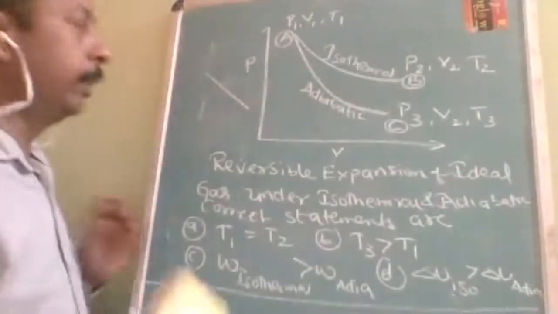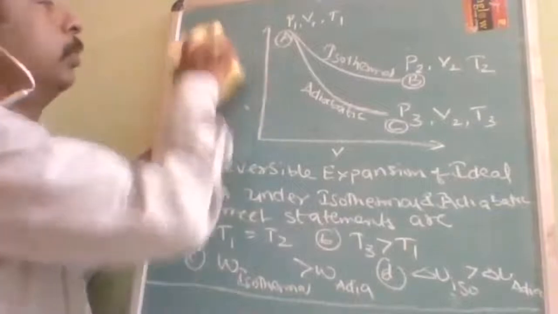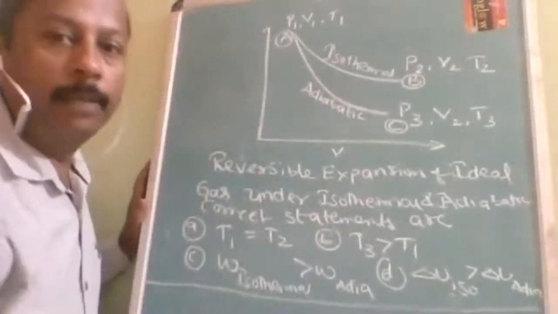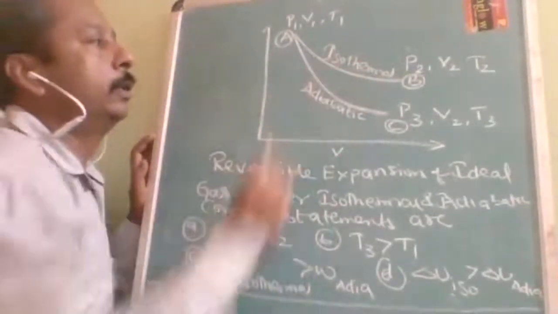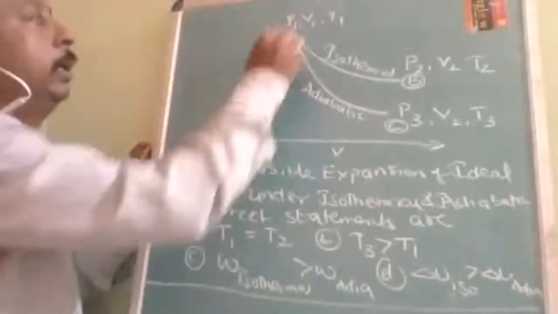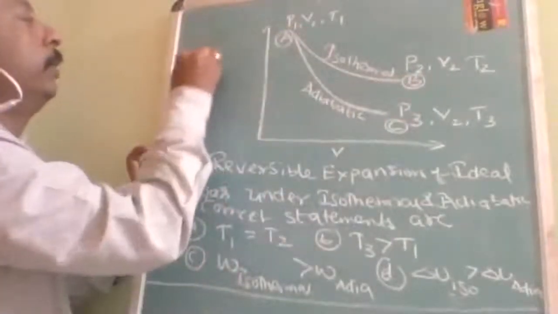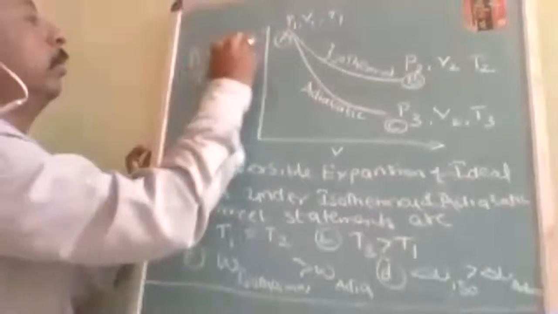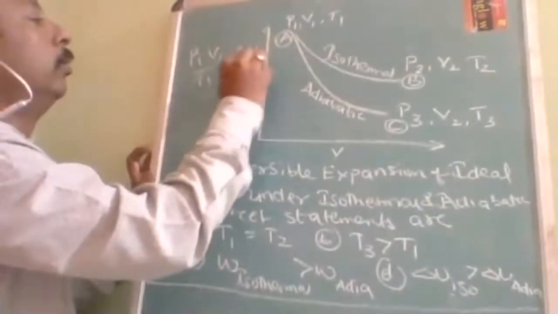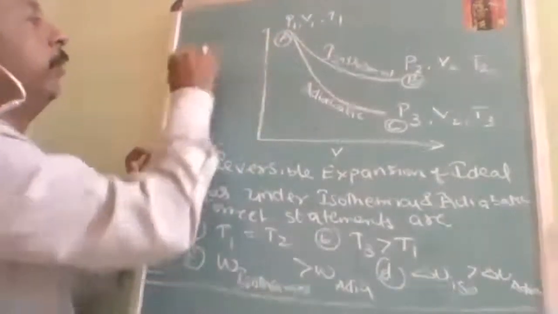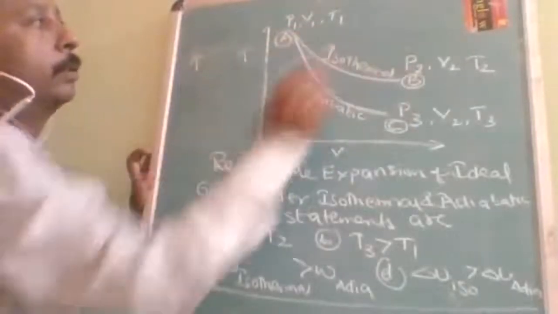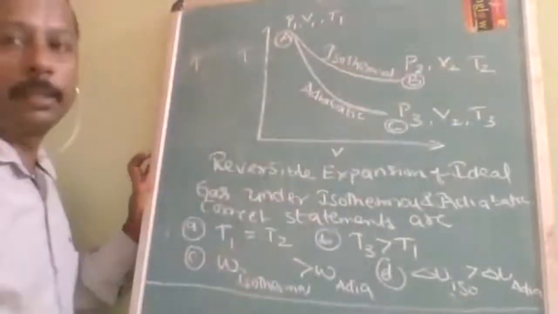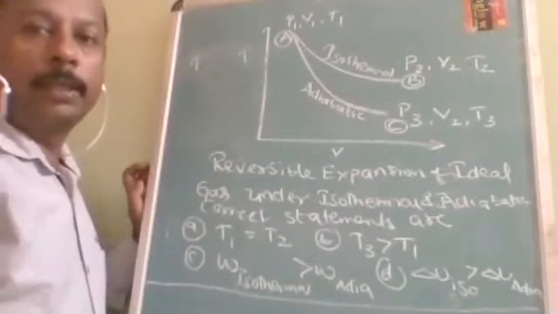So for that, what you have to do is use PV equals nRT at both conditions. Here and here we will use P1 V1 by T1 is equal to P2 V2 by T2. Otherwise, if moles are given, we will find out both temperatures. If these two temperatures are the same, that means it is isothermal.